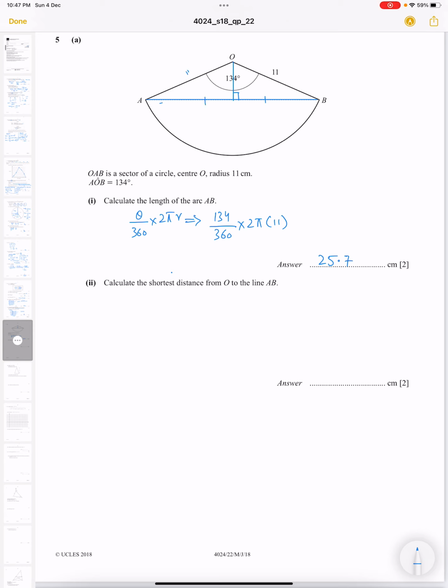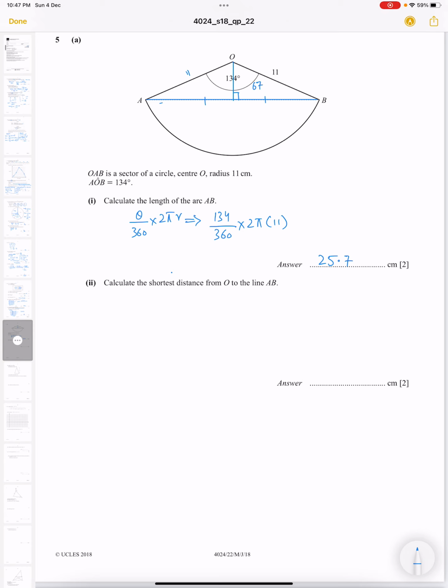Since this is also 11, the triangle is isosceles, so obviously the angle will be divided into two. So half of 134 is basically 67.